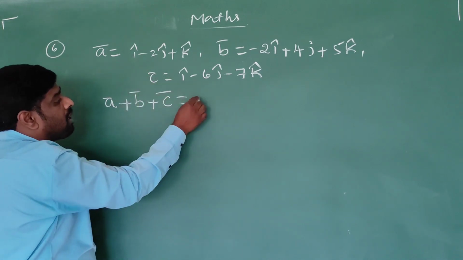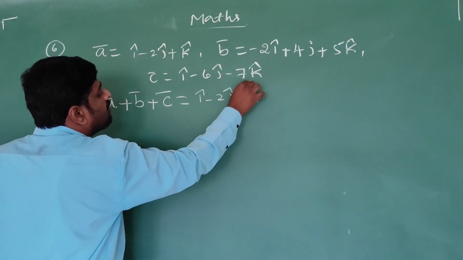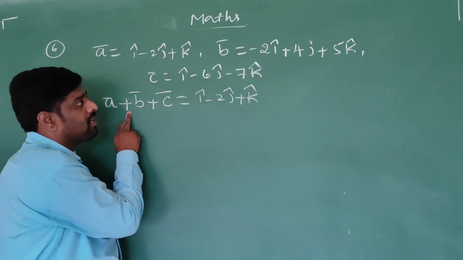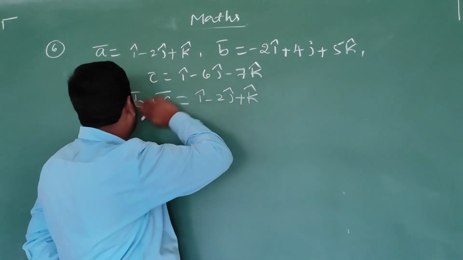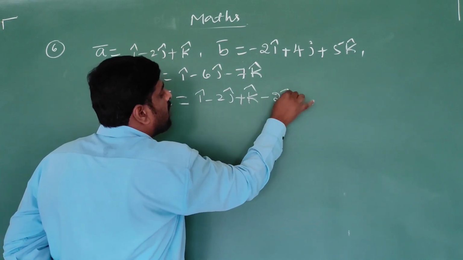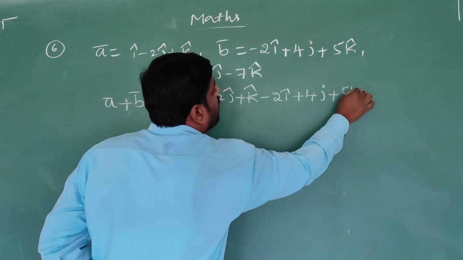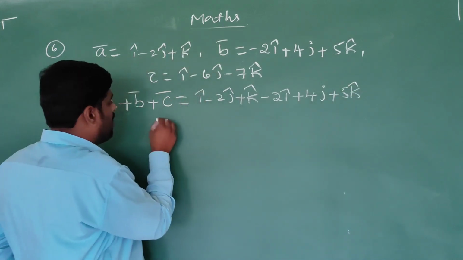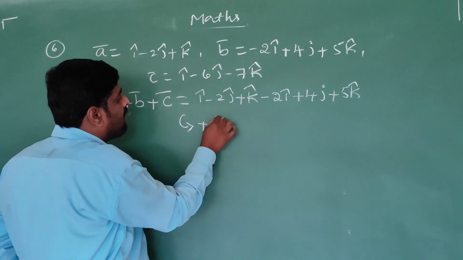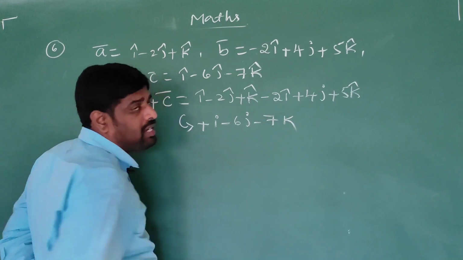So what is a bar? i cap minus 2j cap plus k cap. Next plus is there, and here minus is there, so plus into minus is minus only: minus 2i cap plus 4j cap plus 5k cap. And again plus c bar. What is c bar? i cap minus 6j cap minus 7k cap.